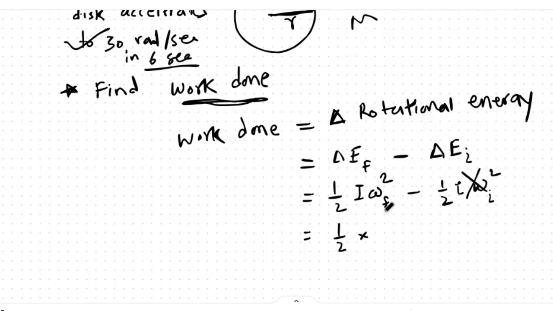1/2 times I, the moment of inertia for the disk rotating around the axis at the center, which is given by 1/2 mr square, times the final angular velocity squared. The final angular velocity given is 30 radians per second, so you can put in 30 times 30.